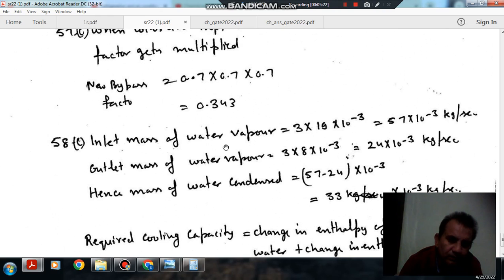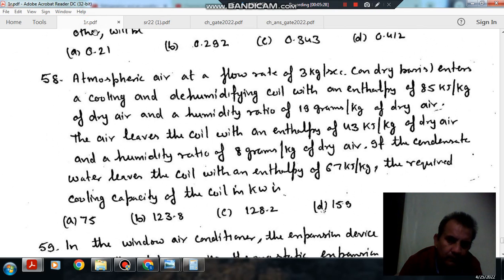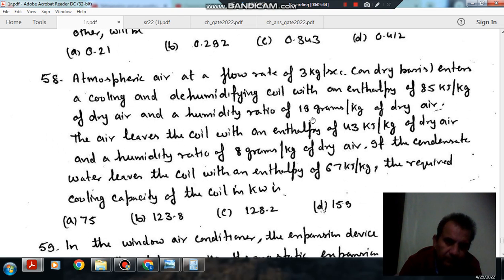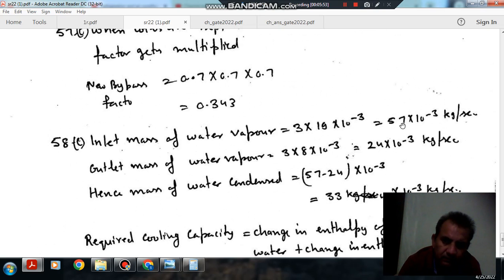So the inlet mass of water vapor is 3 into the humidity ratio, because the total air flow rate is 3 kilogram per second and the humidity ratio is given as 19 gram per kilogram. When we multiply, we get the inlet mass of water vapor, 57 into 10 to the power minus 3 kilogram per second.